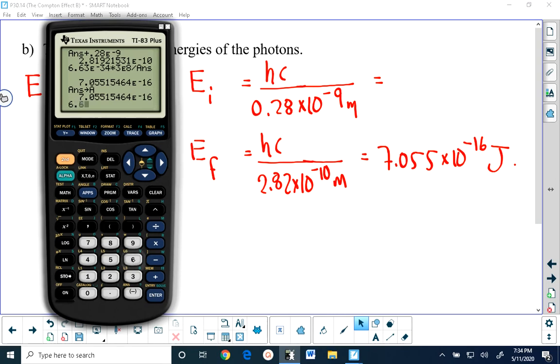That is Planck's constant, 6.63 multiplied by 10 to the negative 34 times the speed of light divided by the initial wavelength, the wavelength before, which was 0.28 nanometers. And I'm going to store that as B for before, and it's 7.104 multiplied by 10 to the negative 16 joules.